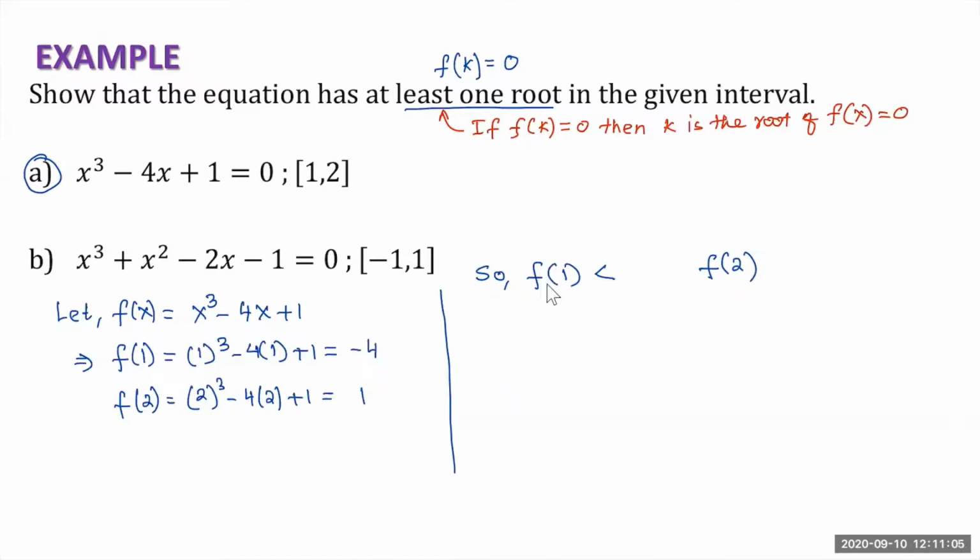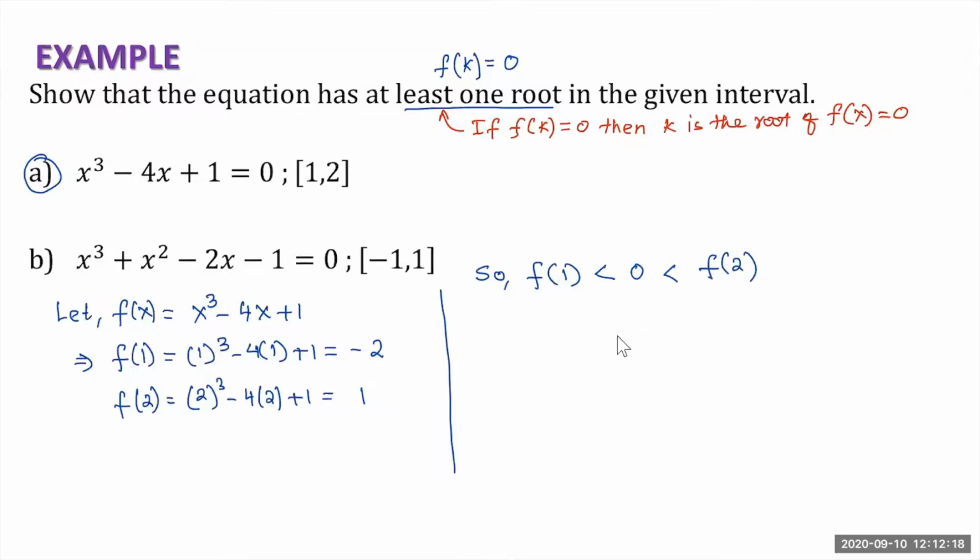So we can write like this, f of 1 is less than f of 2. But also, 0 lies between these two values. Actually this one, f of 1 is negative 2, but the condition is still true. We have f of 1 is negative 2, and then we have a 0, and then we have 1. So this condition is true.